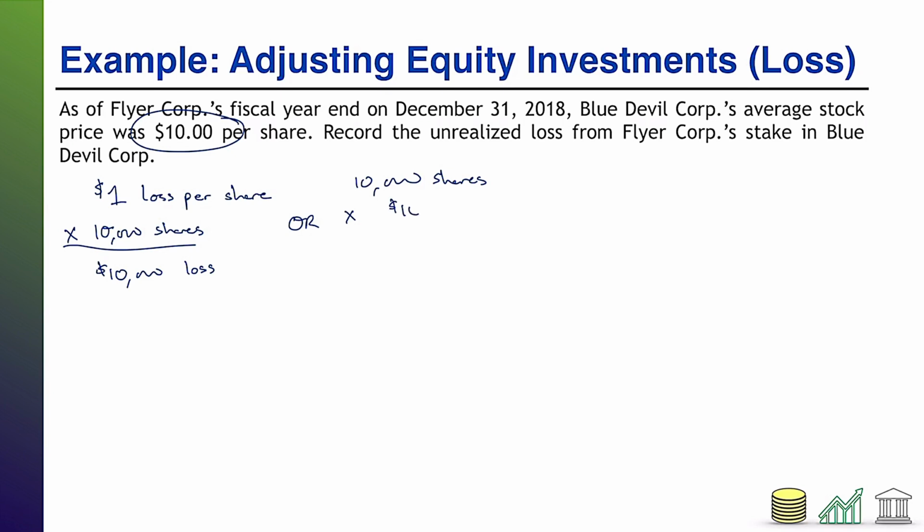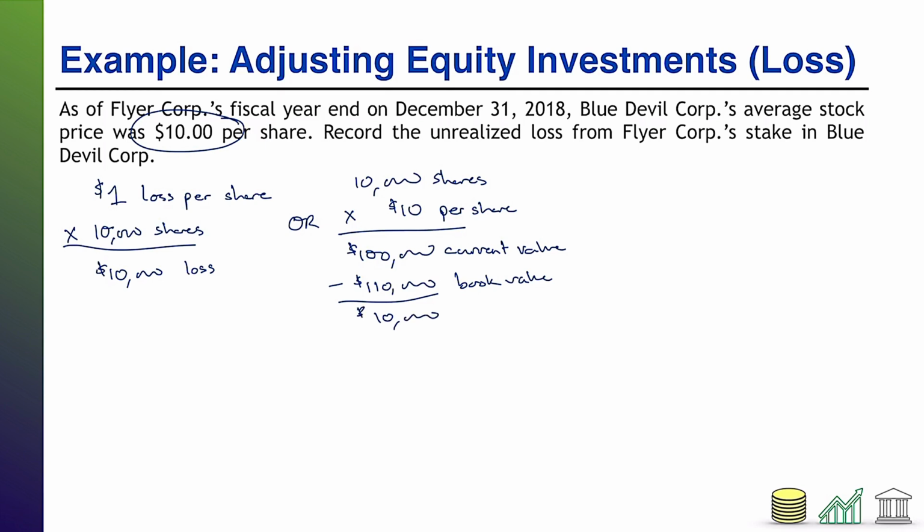They are currently worth $10 per share, which means that the equity investment is currently worth $100,000, current value, minus $110,000. This is our book value, right? What we have it on our books at, for a $10,000 loss. All right, so two different ways to think about it. Either you can take the difference in the price and multiply that times your number of shares, or you can calculate the new value of the investment, subtract your old value investment, get your loss. Either way, it works out. So this is just a personal preference thing.